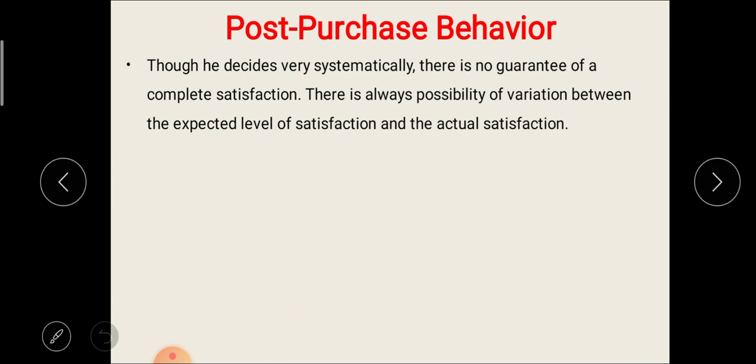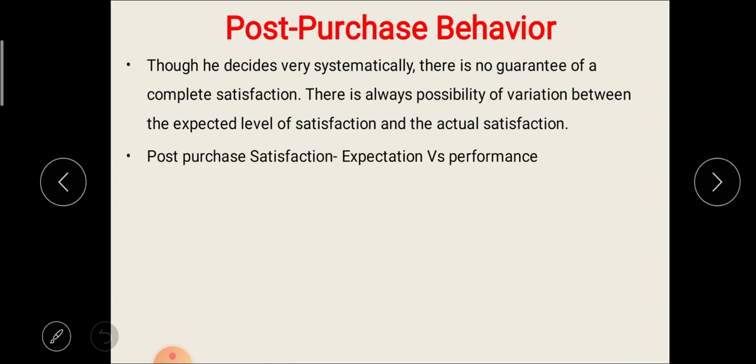There is always a possibility of variation between the expected level of satisfaction and the actual level of satisfaction. That means in post purchase behavior, the consumer decides the satisfaction level, whether the expected satisfaction level is obtained or not. Then next, post purchase satisfaction, that means expectation versus performance. That means what is the expectation of that particular personal computer and what is the actual performance of that computer.